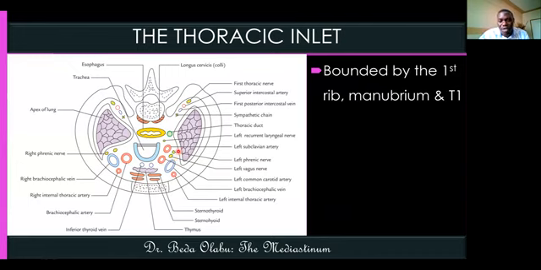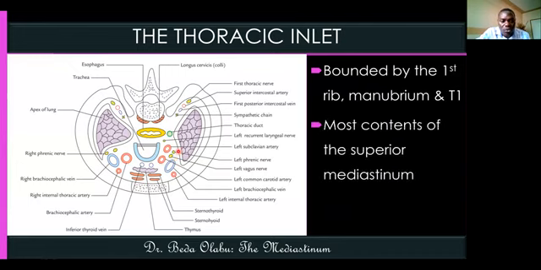Indeed, there are a number of structures that will go through the thoracic inlet. Most of them are contents of the superior mediastinum. And again, that should make sense. If something is in the superior mediastinum and it's going to the neck, definitely it has to go through the thoracic inlet.